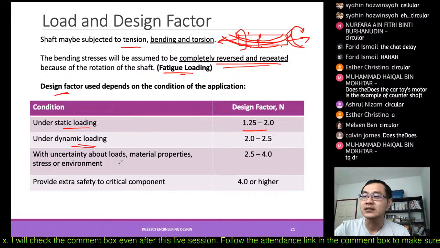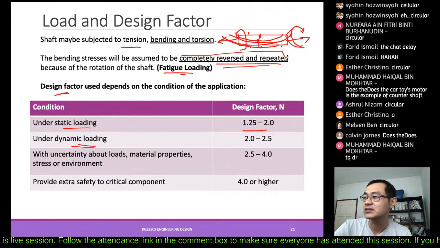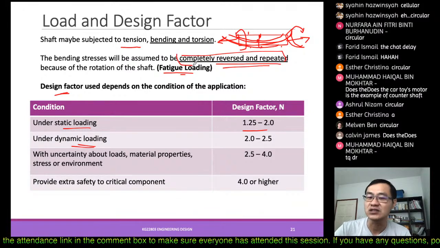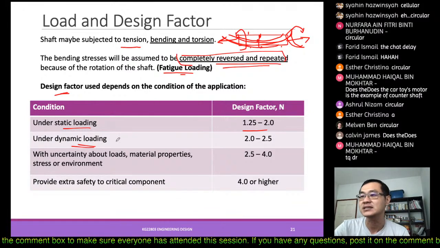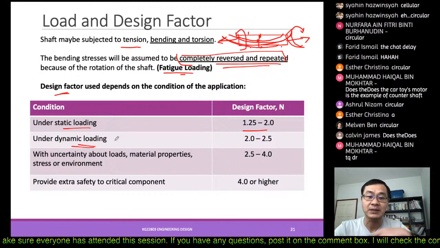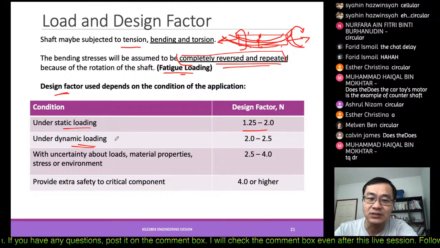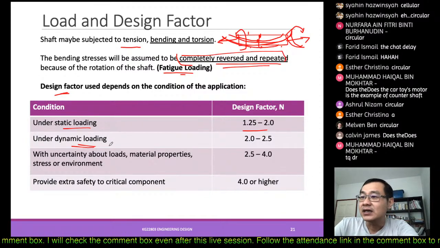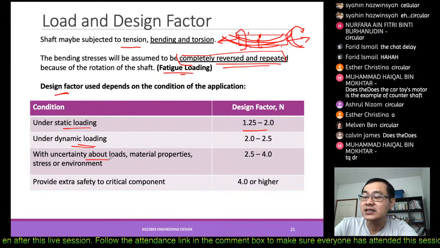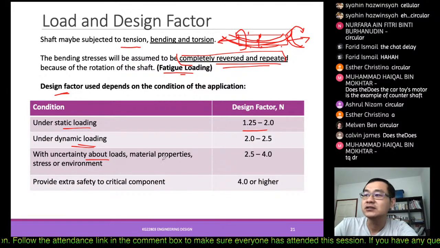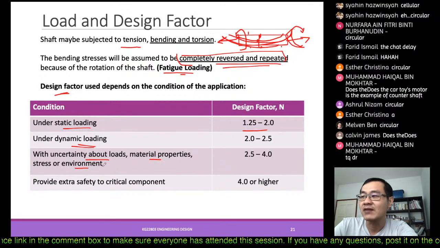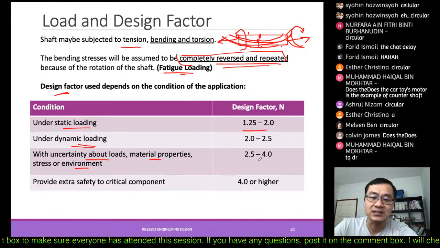A completely reversed and repeated load, because it changes from negative to positive, is also a kind of dynamic loading, even though the value is the same, from negative 2000 Newton to positive 2000 Newton. For conditions where we are not too sure about the load, material and environment, we may put higher factors.